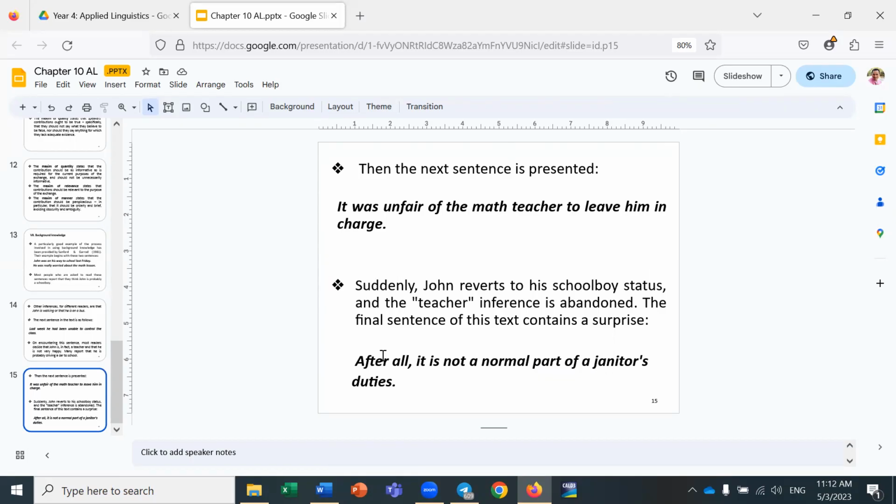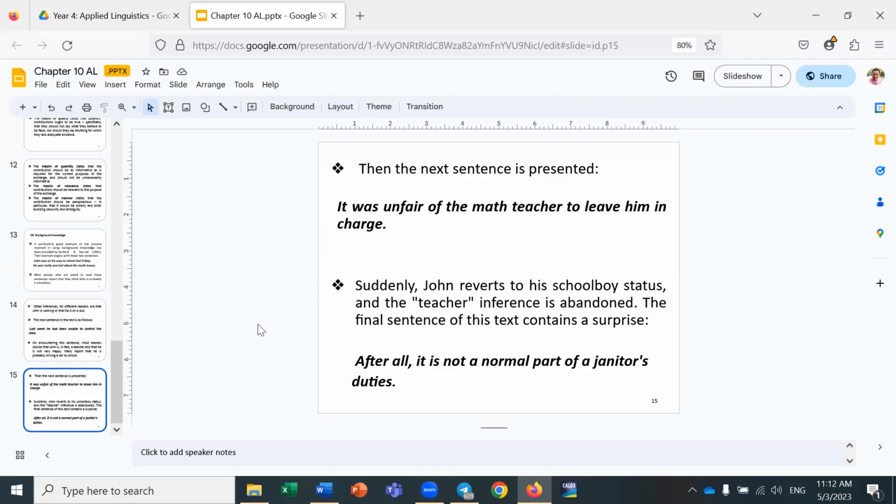So that is why background knowledge is very important for us, especially when we are taking part in any conversational exchanges, when you are reading anything, okay?